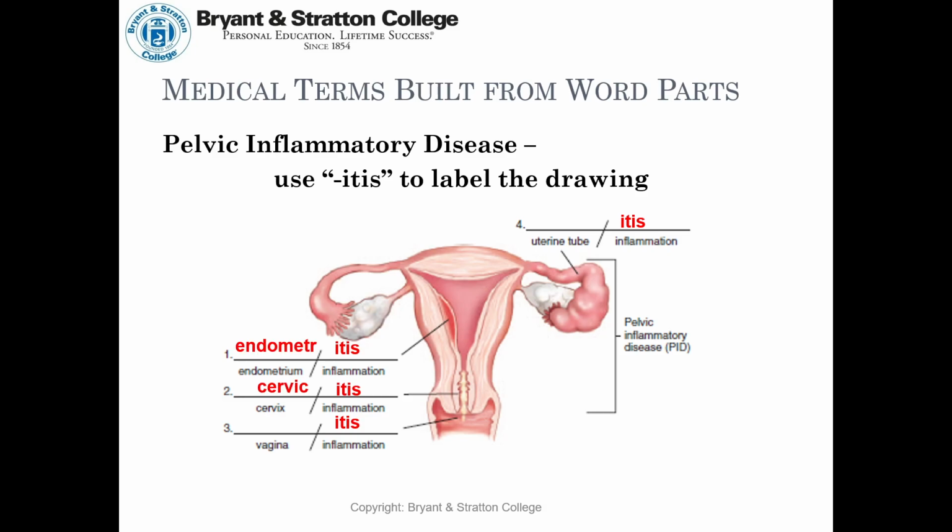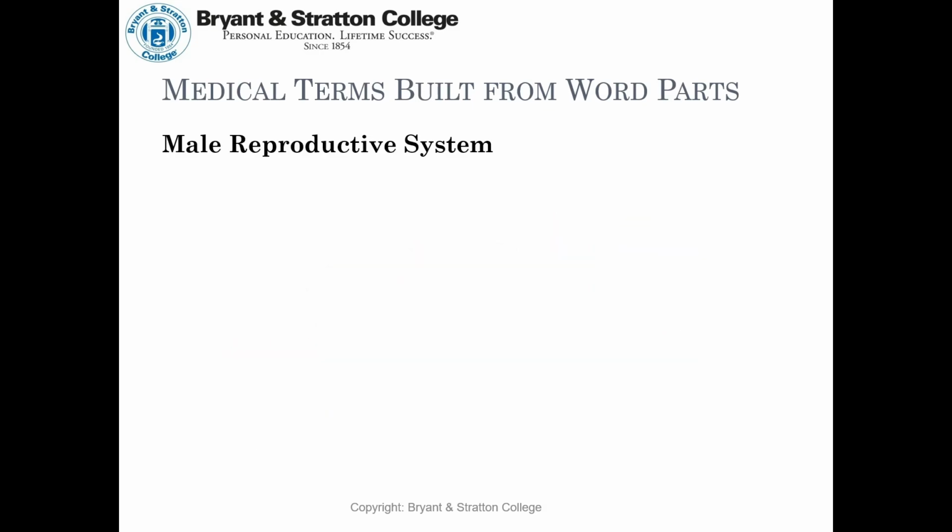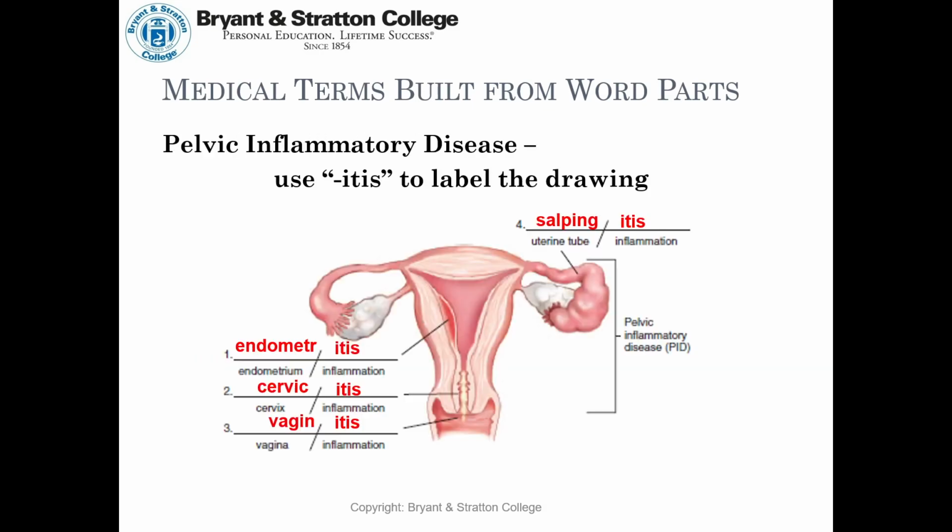Inflammation of the cervix is cervicitis. Inflammation of the vagina is vaginitis. Inflammation of the uterine tube is salpingitis. A point to highlight is all of these collectively fall under the umbrella of pelvic inflammatory disease, or PID.